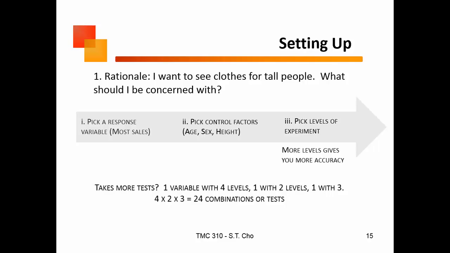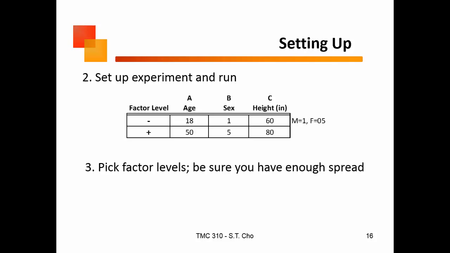Now, if I say I want 4 levels for age, 2 levels for sex, and 3 levels for height, that means I have 4 times 2 times 3, which means 24 combinations. That's a lot of tests. And so in general, they try to pick 2 levels. And through those 2 levels, you pick a range where you think you're going to see a lot of activity.